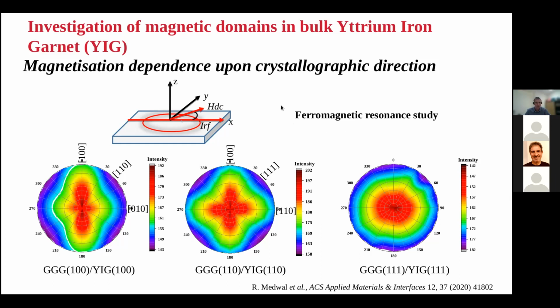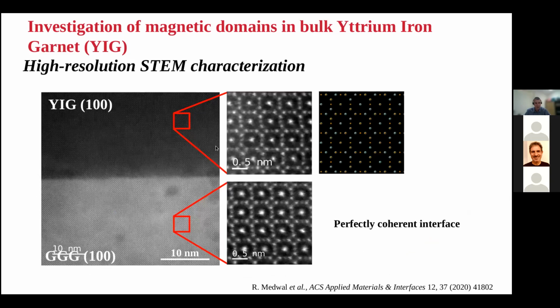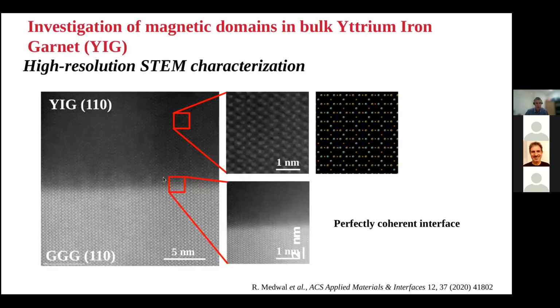So we just did some simple high-resolution TEM imaging, and we can image the YIG and the substrate. We can resolve the structure of both of them, and we can really see that the structure is epitaxial, and we can also measure the roughness of the film. Then we can do such measurements along different crystallographic directions because we want to see the dependence of the magnetization on the crystallographic orientation.